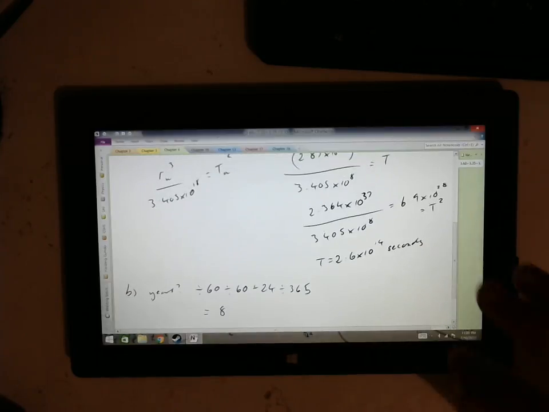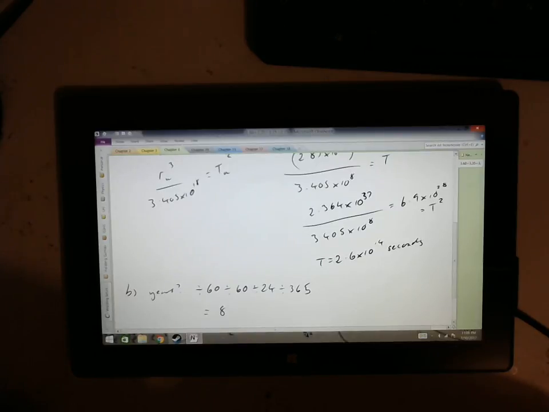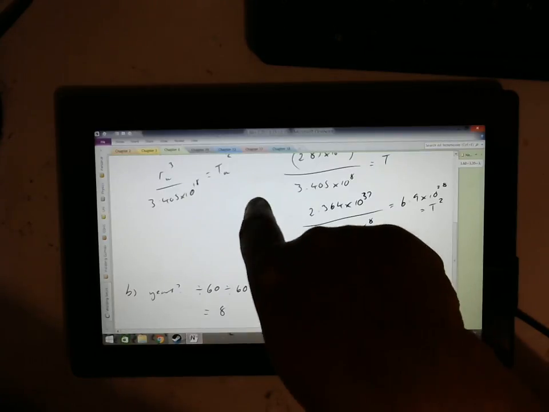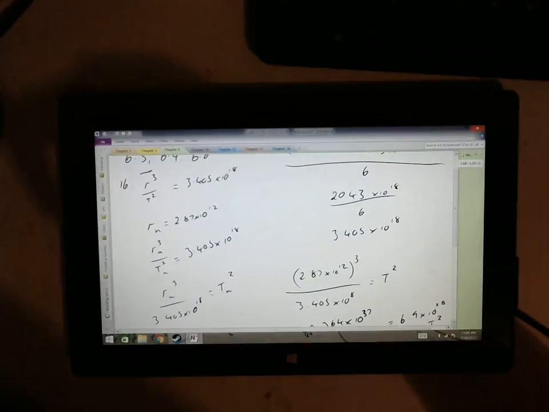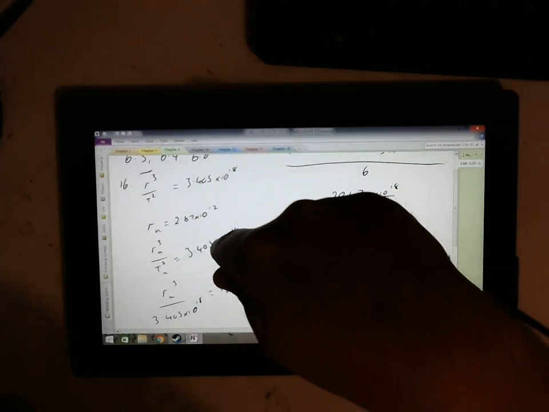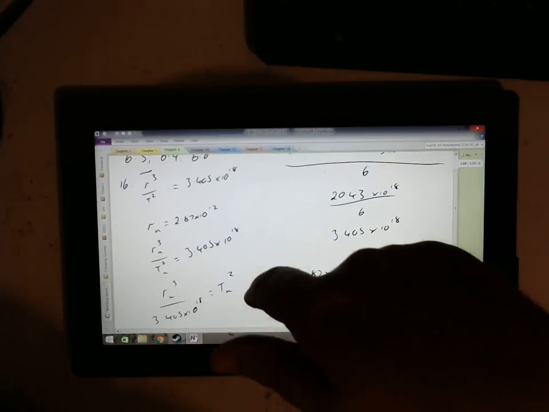Okay, so let's see, what have we done here? Radius of Uranus from the question, yes. Average of the thing, yes. R cubed over t squared.